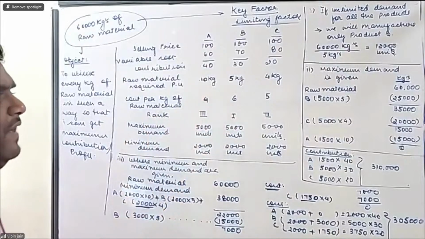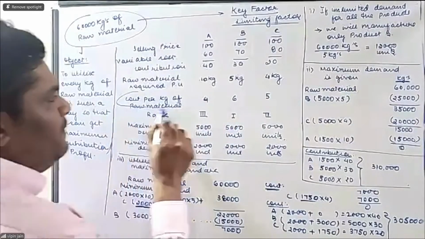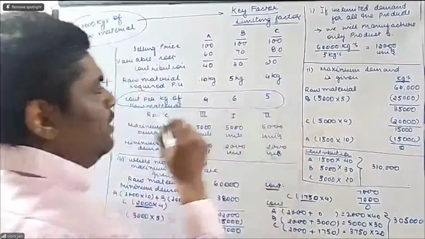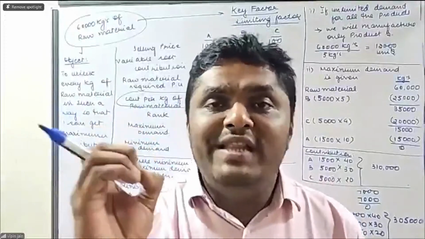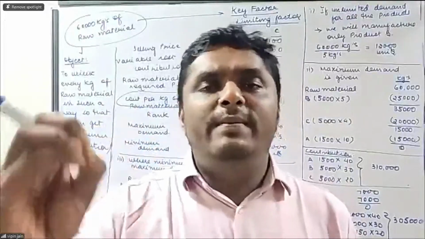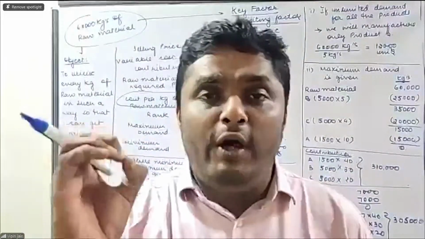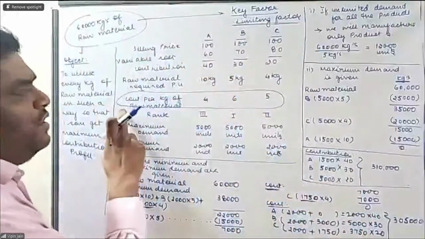So our decision will be entirely based on contribution per kg of raw material. Very important, guys, make a note that whatever the key factor is, be it raw material, labor hour or machine hour, the decision will be based on this part.